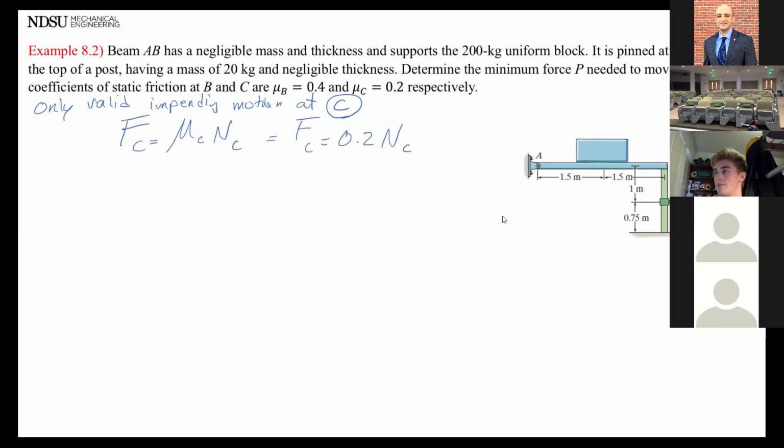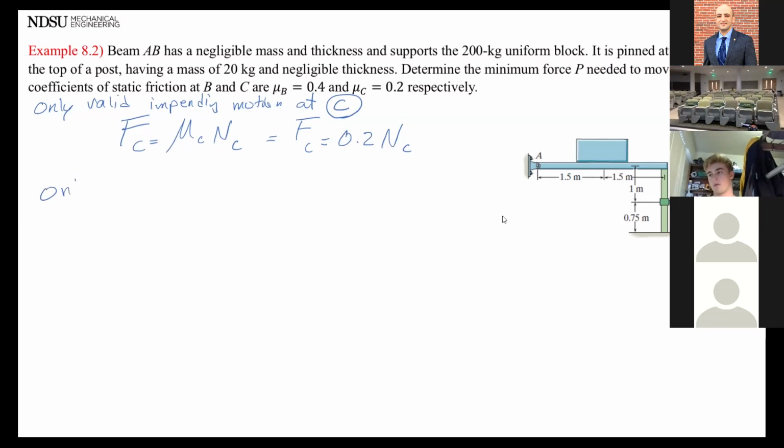So let me ask you this. Do you know which point is going to start moving first? Is it C that's going to move when you start pulling? Is it C going to move? Is it B going to move? Or are they both at the same time? See, that's what I mean. When can you use this equation? You can't just substitute it. This equation is valid only at impending motion.